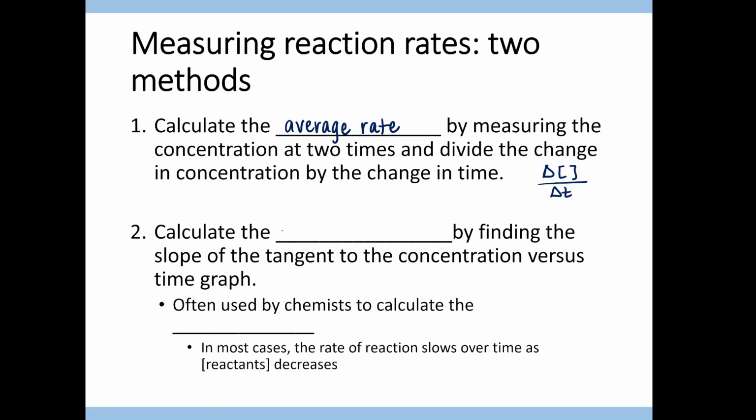You could also calculate the instantaneous rate by finding the slope of a tangent line to the concentration versus time graph. So this is if you're taking a lot of measurements of concentration over time, and then you can calculate the rate at a certain time.